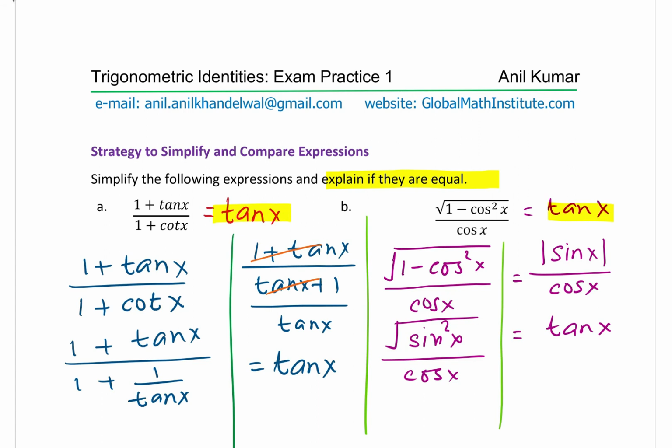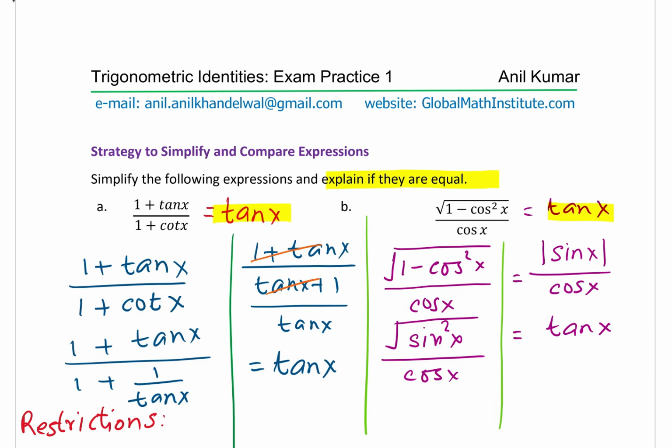So for example here, what are the restrictions? You have to look into restrictions. For any trigonometric identity, you cannot just multiply by 0. You could have restrictions in your equation. And within those restricted domains, the identities are proved.